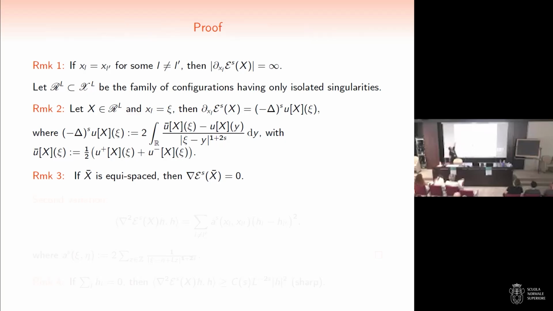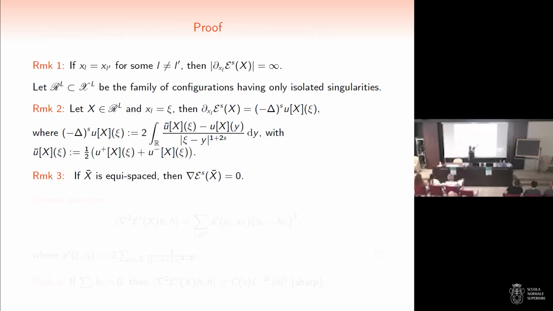So from now on, I will focus on regular configurations, that is, configurations with isolated singularities. Second thing is that when I compute the first variation of the energy, that is the variation I get when I move the particles, and now I have isolated singularities, so I can move them both in the right and the left direction, the first variation of the energy is the fractional Laplacian.